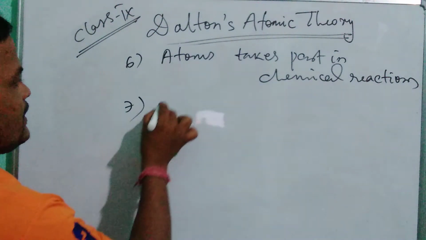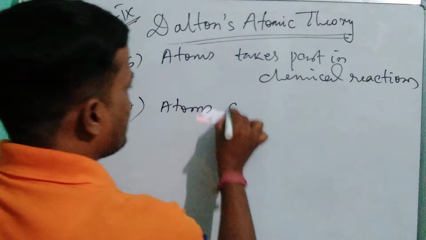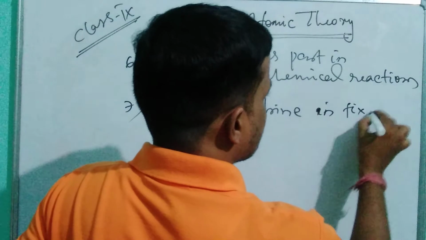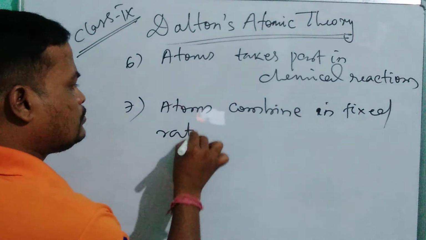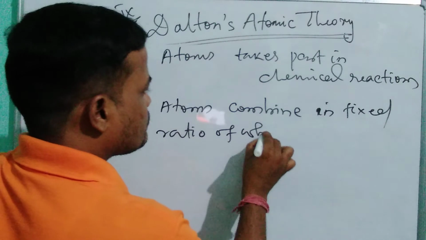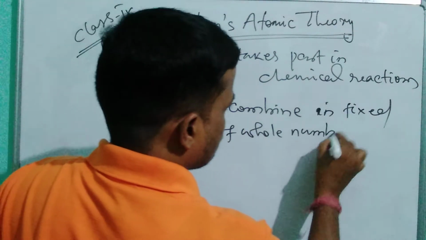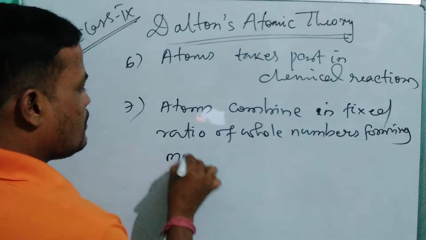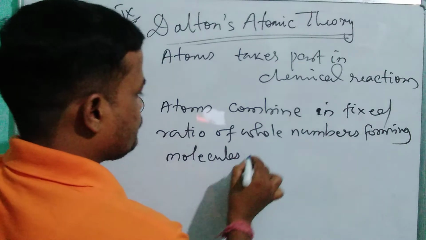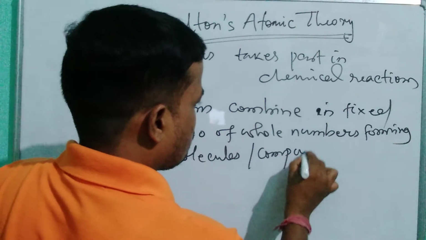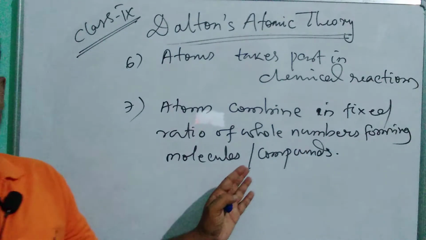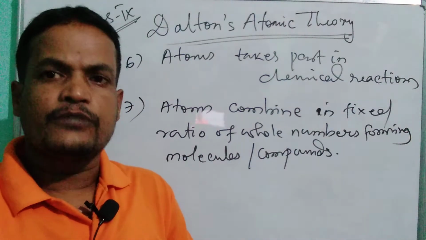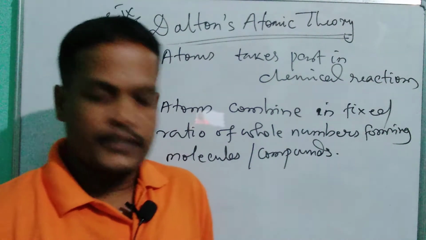Next, number seven, atoms combine in a fixed ratio of whole numbers, forming molecules or compounds. These are called the seven postulates of Dalton. Let us write what are the disadvantages or drawbacks of Dalton's atomic theory.